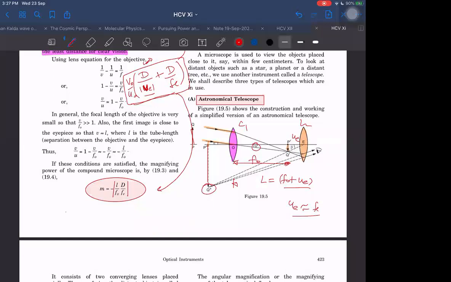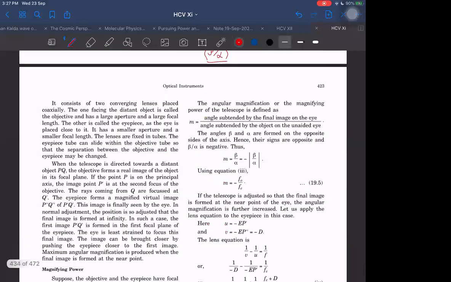That cannot change. And in fact, here we define it differently, as beta by alpha. Let me check, is it right or not? Yes, right, beta by alpha.